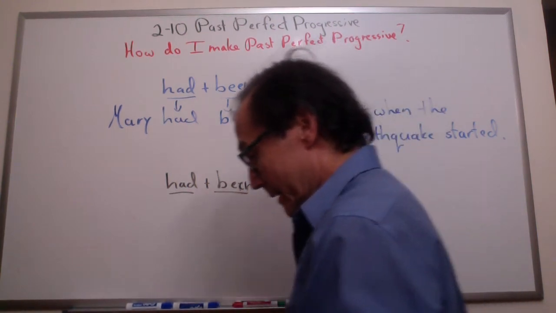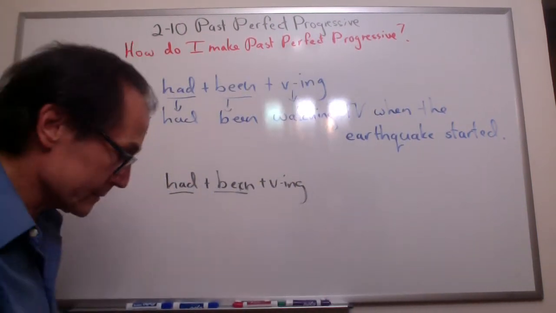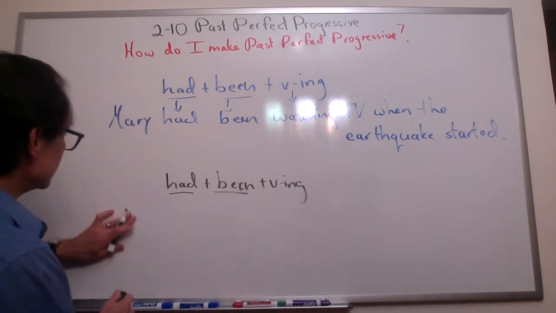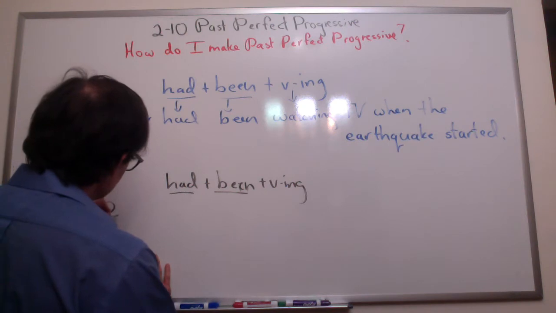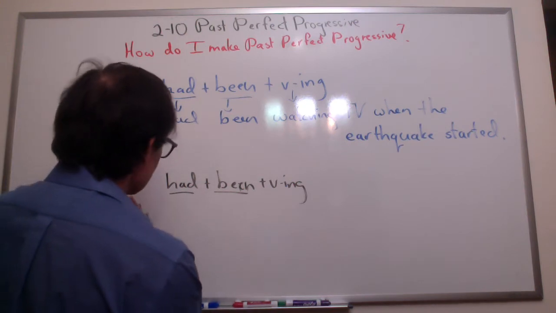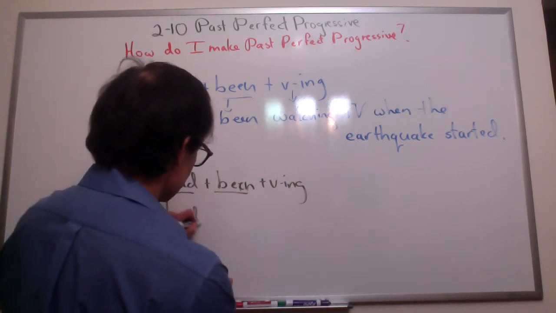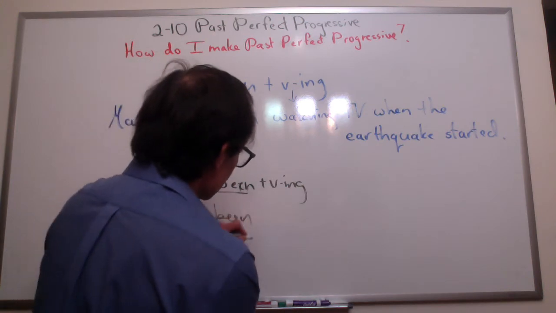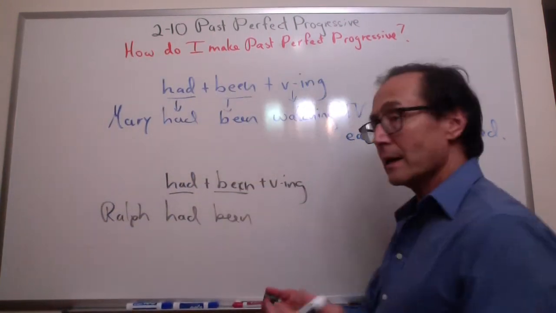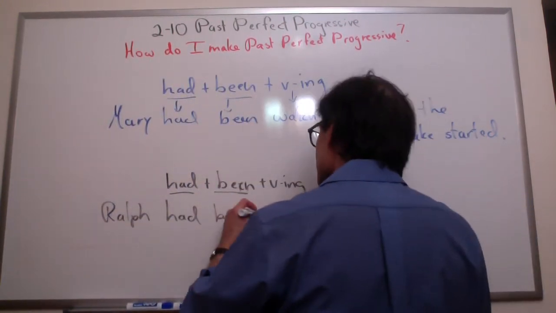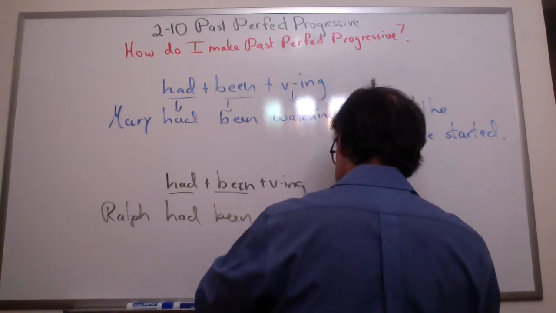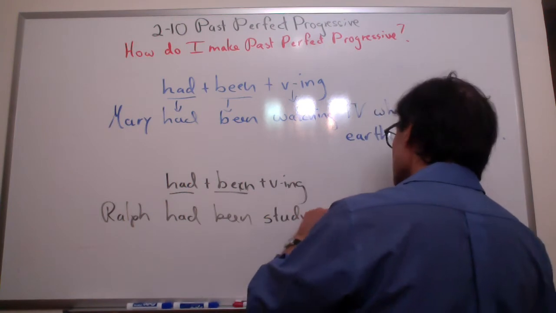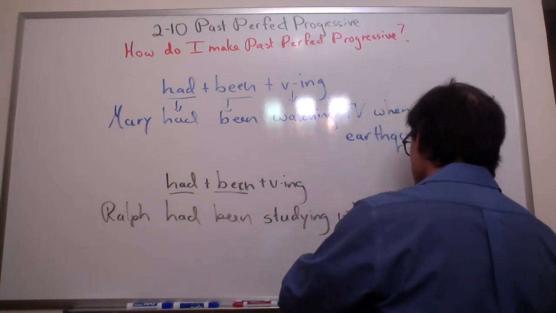So, again, I might say, Ralph, and then I have had, been, and what was Ralph doing? Let's say he was studying. So Ralph had been studying when Mary called.